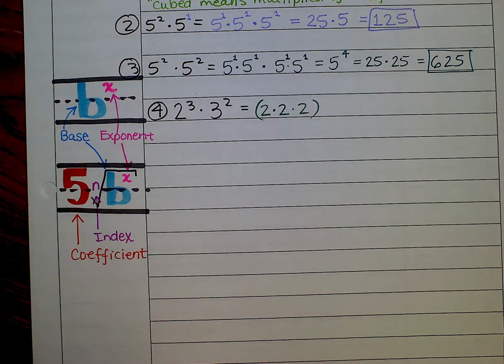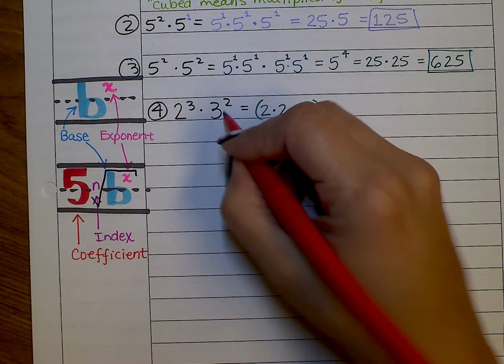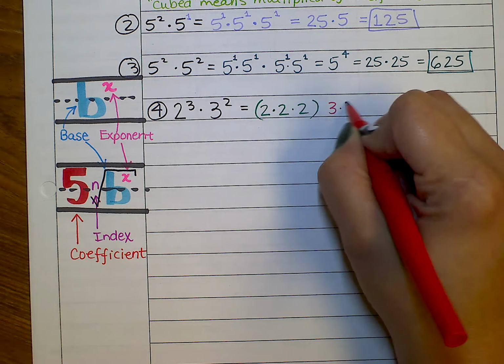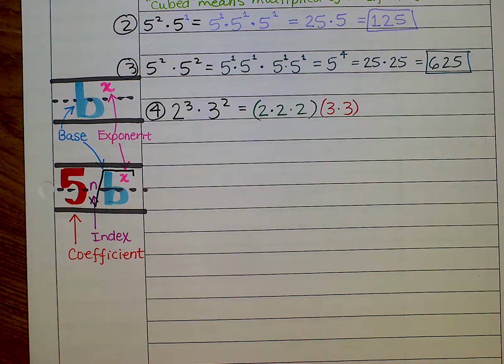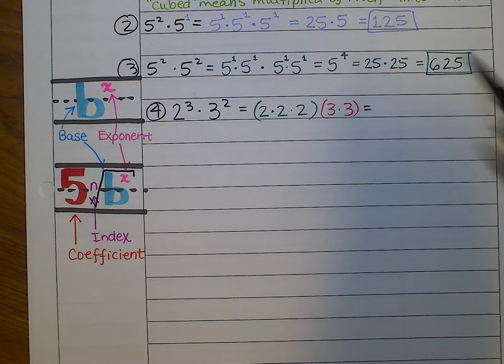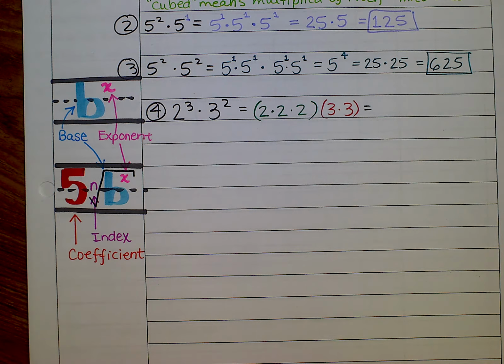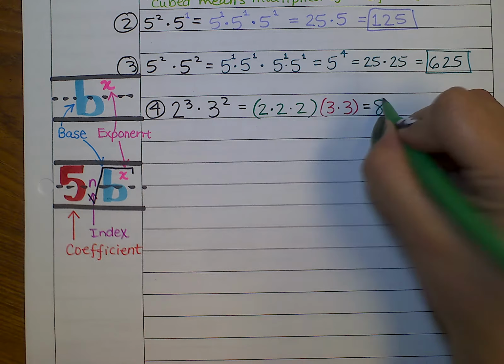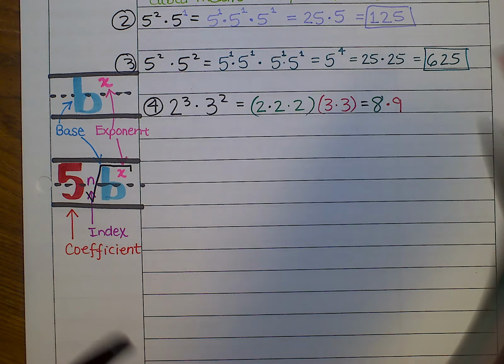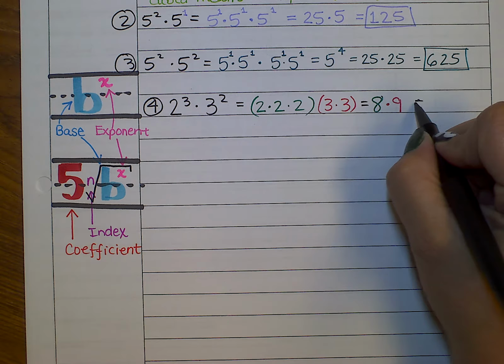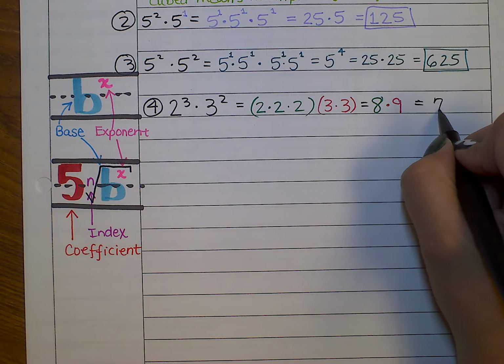And then, I'm going to use a different color here. You guys said that we had 3 times 3. Okay, so then we would say, well, 2 times 2 times 2, that's 2 cubed. You guys all knew that that was 8. And 3 times 3 is 9, giving us a final solution of 72.